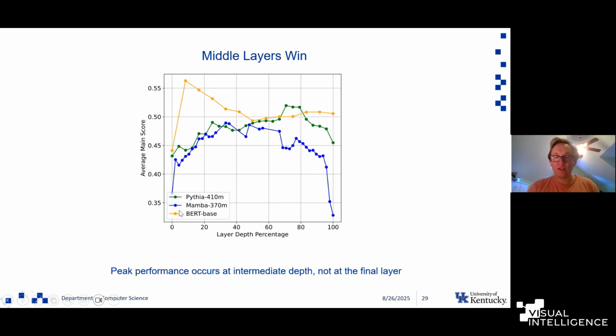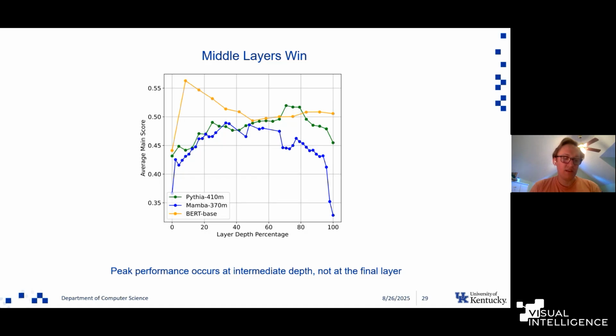And so I'll also emphasize that these are three different model families. Pythia is a next token prediction trained model, very similar to GPT-style models. They're also called decoder-only models. BERT is a masked language modeling model.